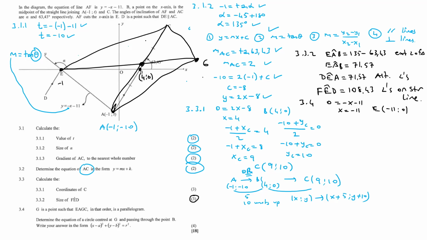Okay. So what were the coordinates of C? We got that as 9 and 10, right? So negative 1 plus 9 over 2 must give us negative 11 plus xG over 2.